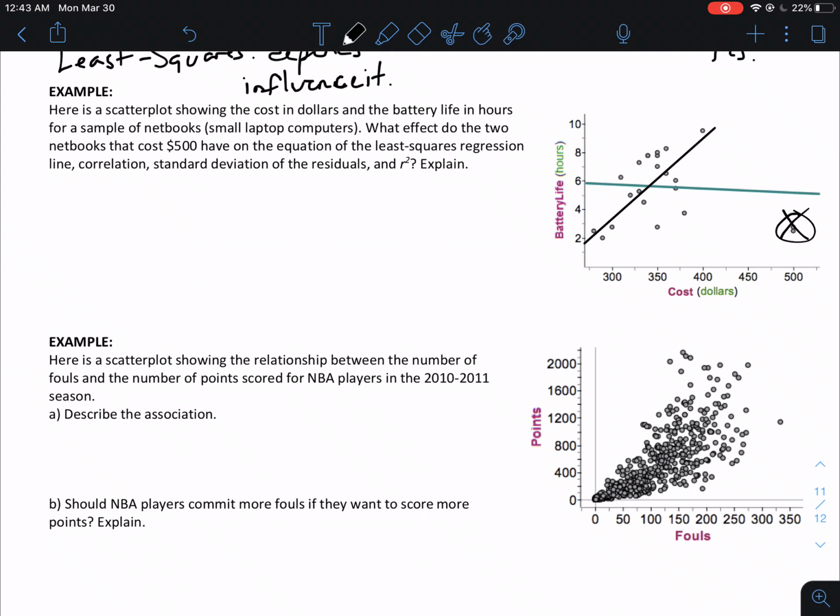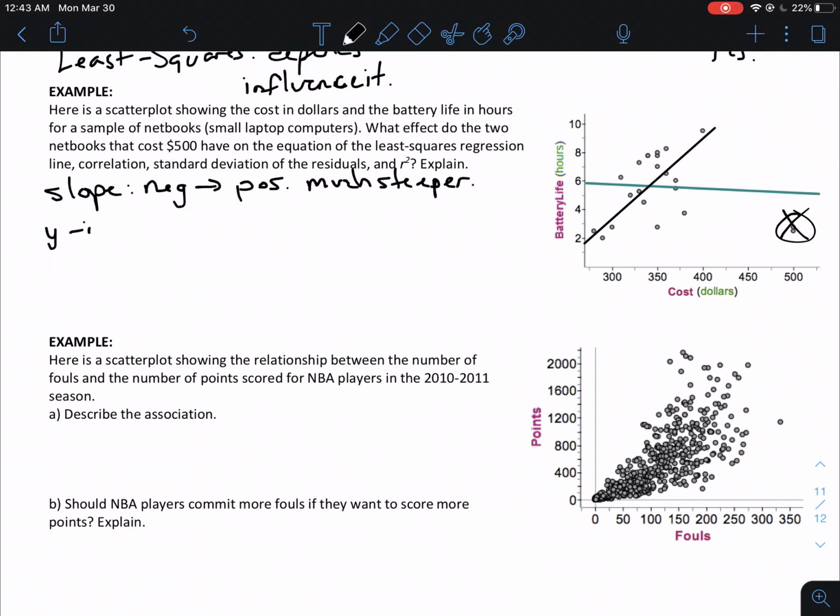So I would say it actually influences a couple things. For the first thing, our slope, it changes it from a negative slope to a positive slope. It also is a much steeper slope, so it increases much more rapidly.